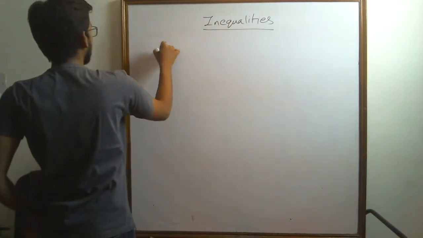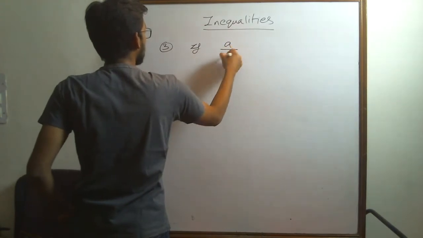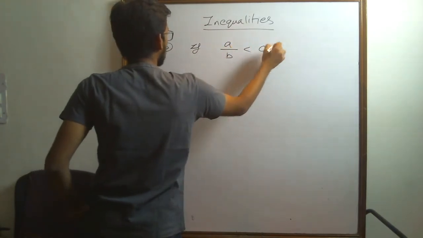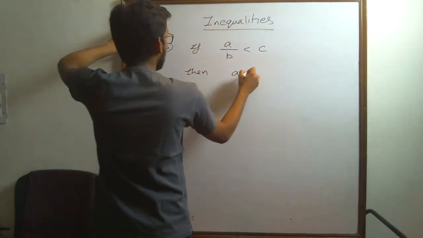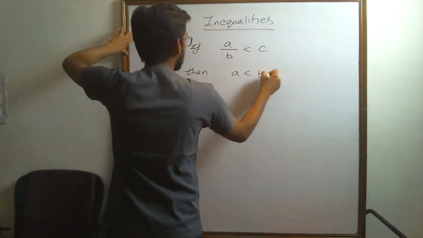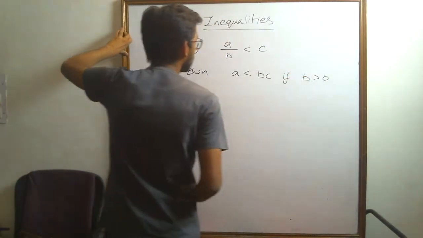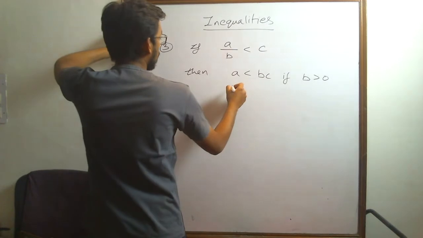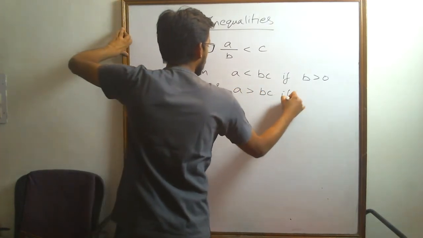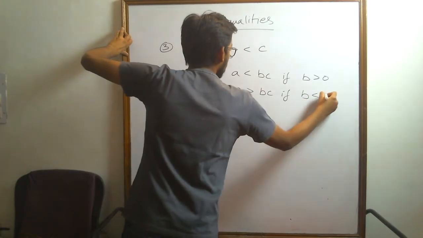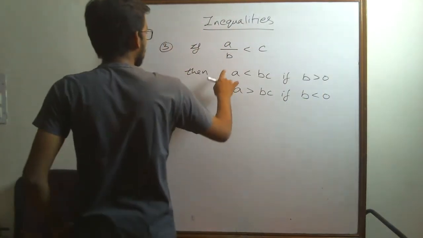Third inequality: if A upon B is less than C, then A is less than B into C if B is positive, and A is greater than B into C if B is negative. So look at what is happening here.